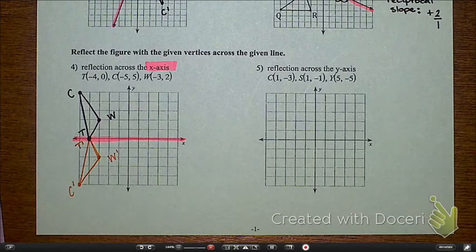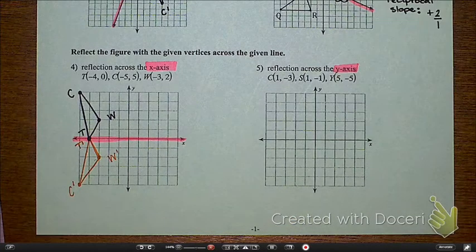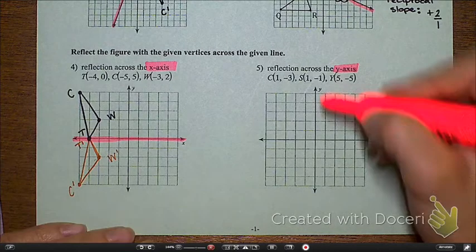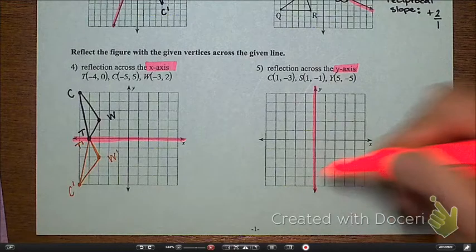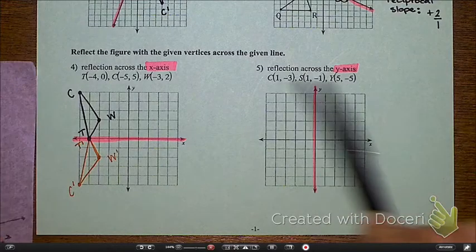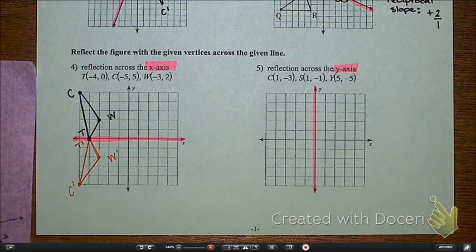Okay, let's take a look at the next one. Which axis are we going over on the next one? The y-axis. Where is the y-axis? Is it horizontal or is it vertical? Vertical. It's this one right here, right? Okay. Let's start out by graphing these points. Make sure you graph the points correctly, because if you don't graph them correctly, it's hard to get the right answer, right?